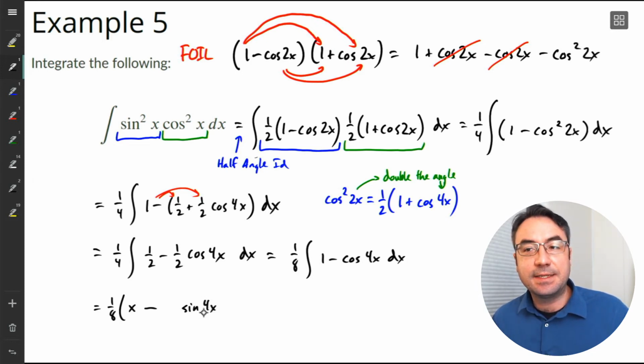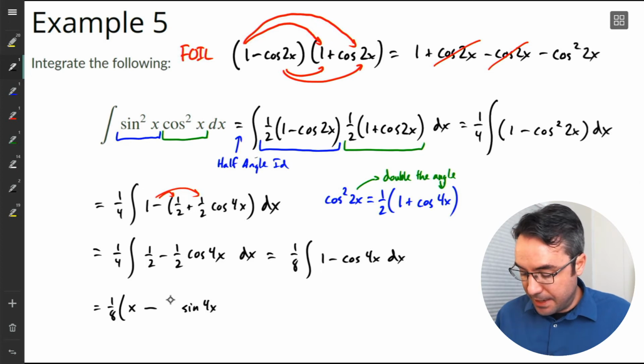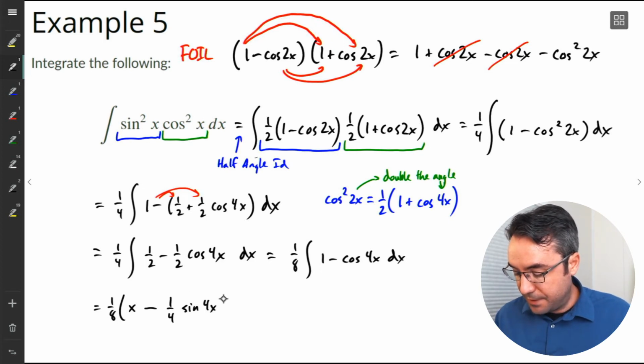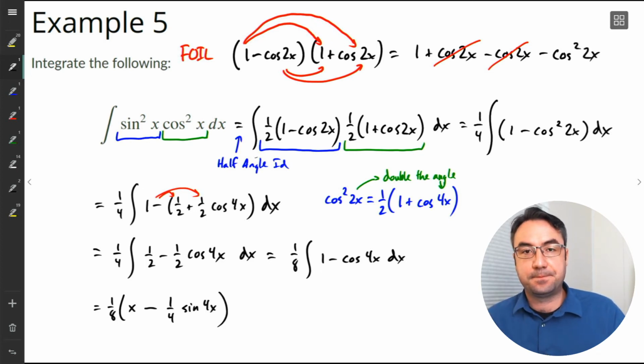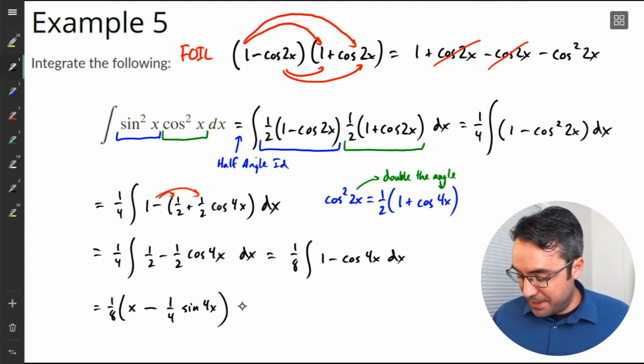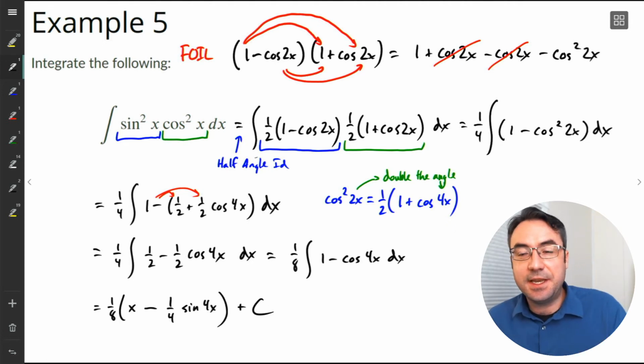And then we take that constant that's in front of our x and we flip it and put it in front of the sine term there. And this is an indefinite integral, so the only thing we want to remember is our plus c at the end there. And there we go. We have our antiderivative.